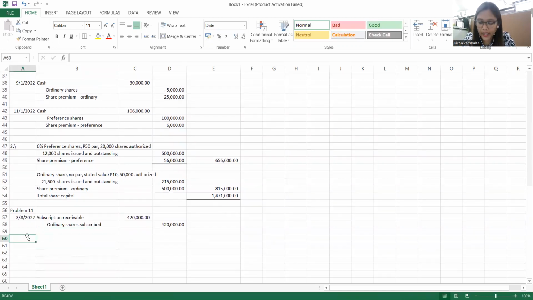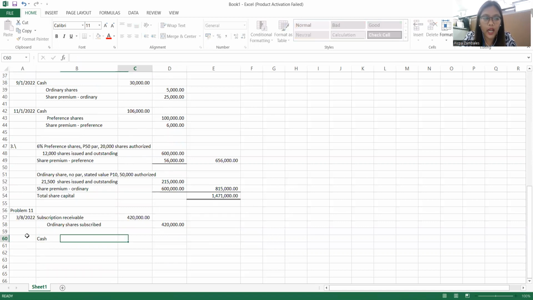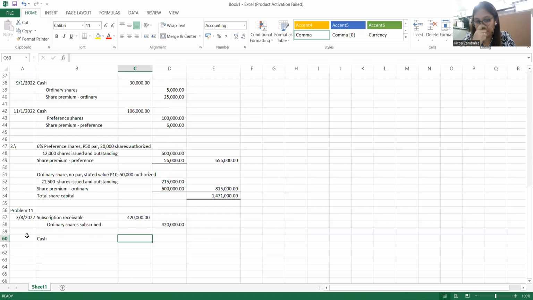Okay, now, on the same date, 65% was already collected. So you have to record cash. Pwede mo naman siyang direct. No, ang subscription receivable lang will be 35%. Pero I just want to show you na i-record mo muna siya as receivable, then you record the receipt of payment. Pero pwede diretso yan, ha? Okay, sige.